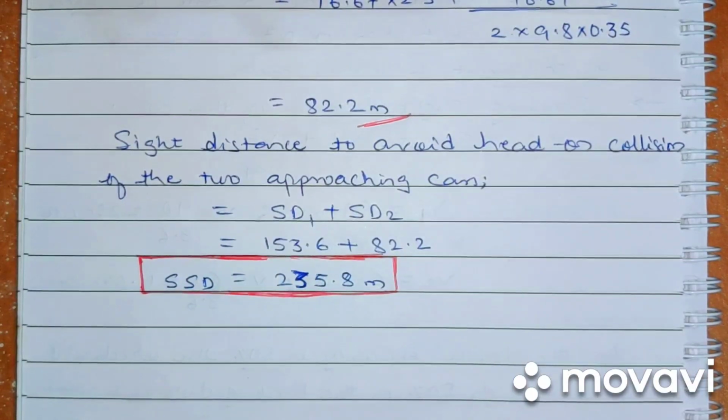So this is one more type of numerical on the stopping sight distance. We'll solve one more numerical.